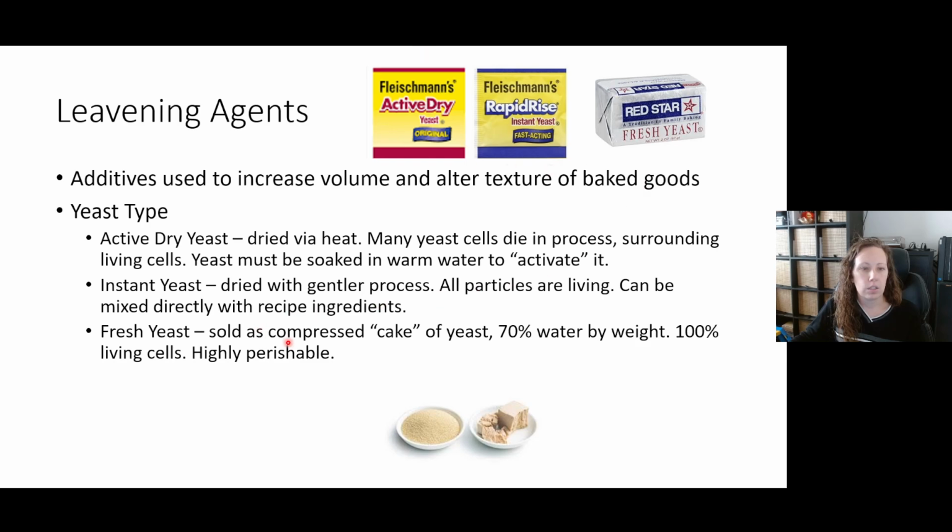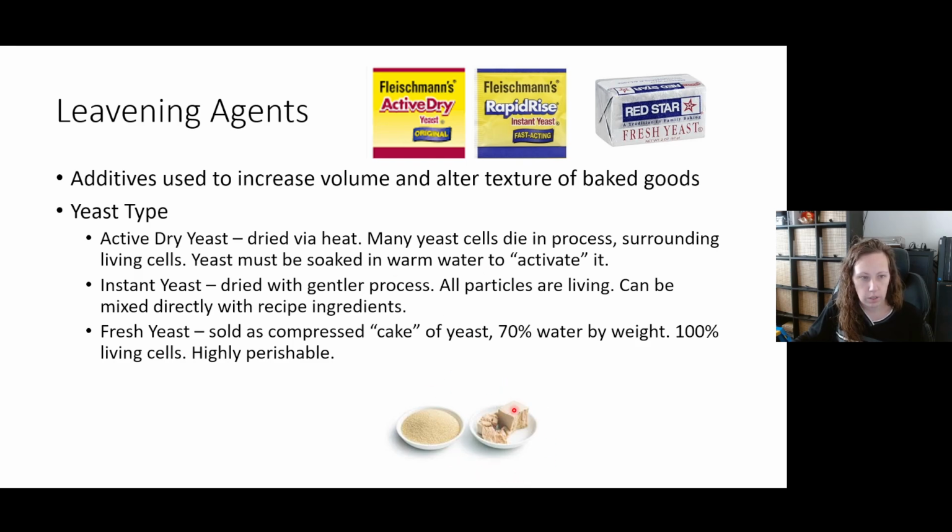Then the third type of yeast that you can buy is fresh yeast. And this is sold as a compressed cake of yeast. I believe it usually has to be refrigerated. And it's 70% water by weight. It hasn't been dried at all. It's just the yeast have been compressed into a block altogether. And it looks kind of like this. So this is just yeast powder. It could be either of those.